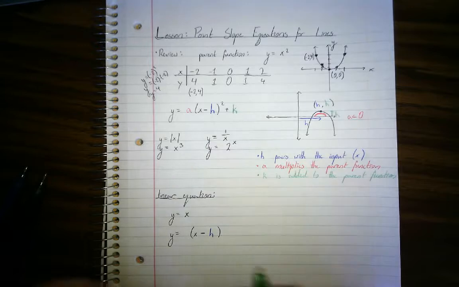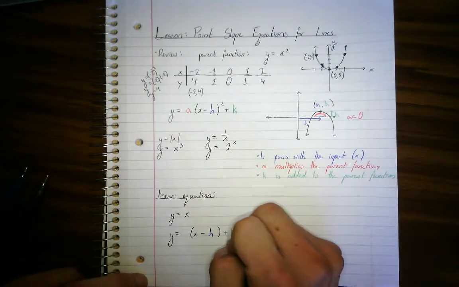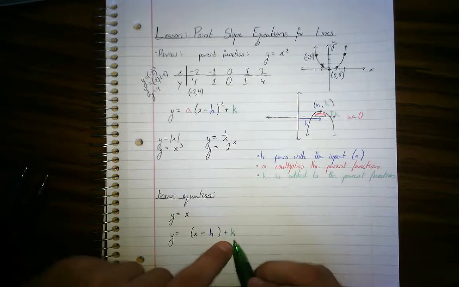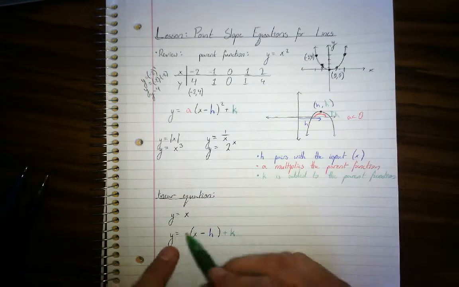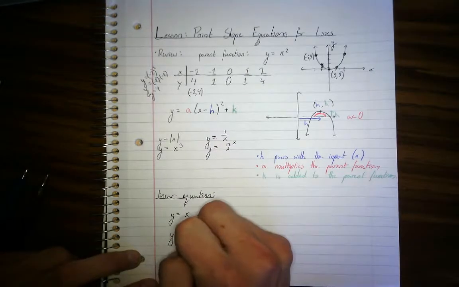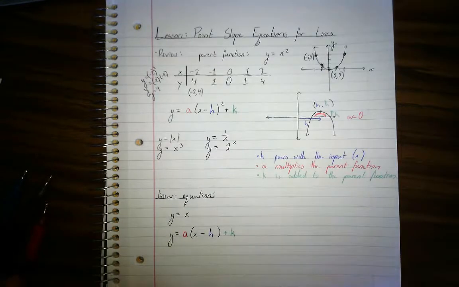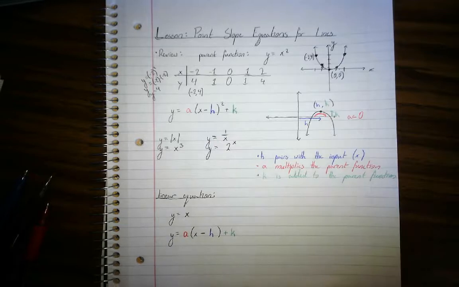Next up, we want to include a vertical shift, so plus k. So that's going to shift the whole entire function up and down. And then finally, we need to multiply our parent function by a in order to figure out how much it's stretched or compressed vertically.